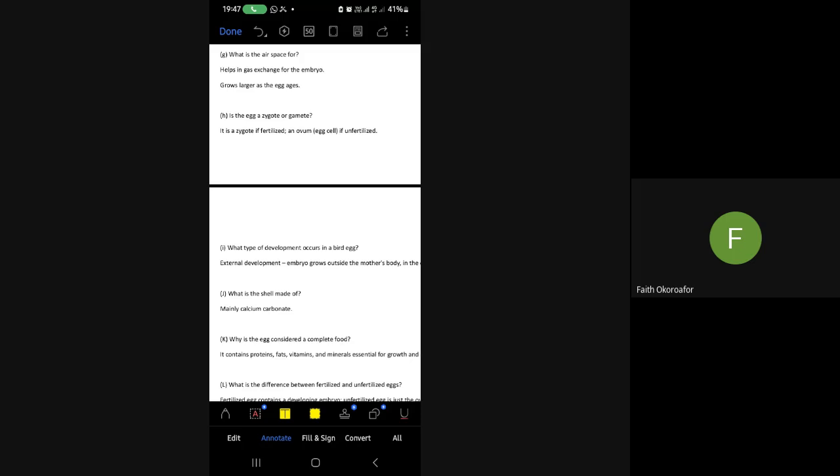For male, the gamete is the male sex cell, and it is the sperm. That is for animals. In plants, the male sex cell is the pollen grains, and the female sex cell or the female gamete is the ova.